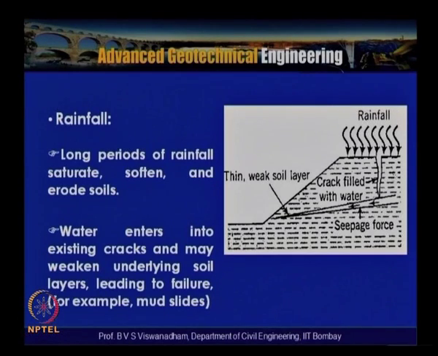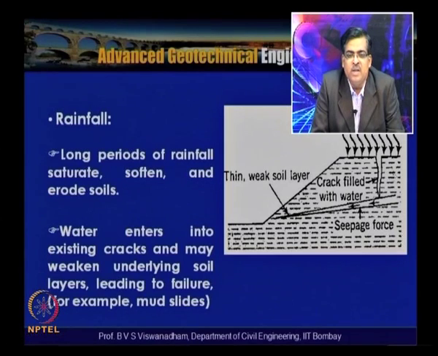Another major cause of slope failure is rainfall. If we have rainfall with intensities ranging from say 10 mm per minute to 80 mm per minute, and 80 mm per minute is said to be a very high intensity of rainfall, and if this rainfall occurs over a certain period of duration, the long periods of rainfall saturate, soften and erode the soils and can lead to slope instabilities.